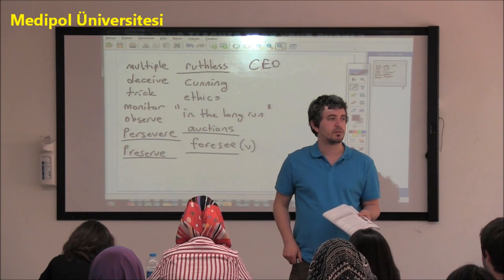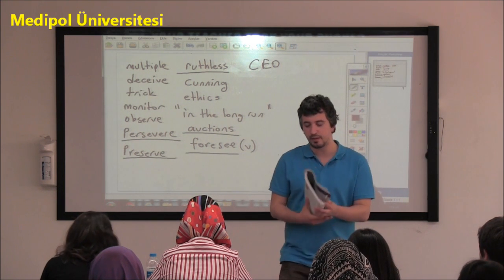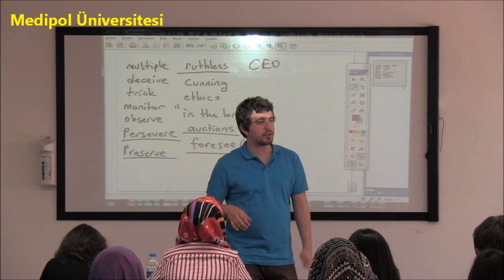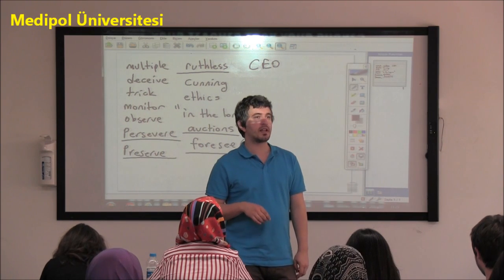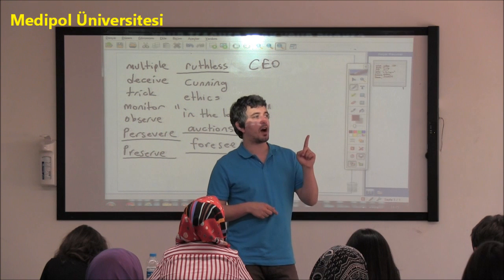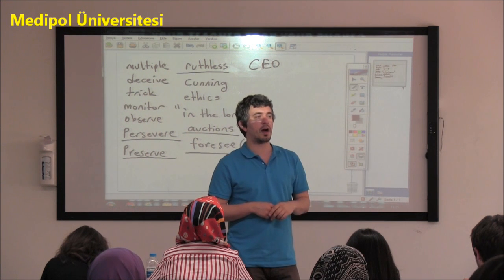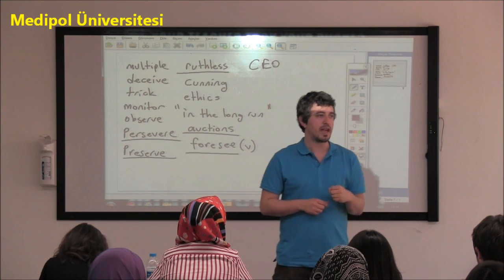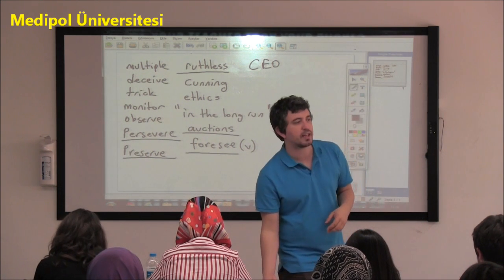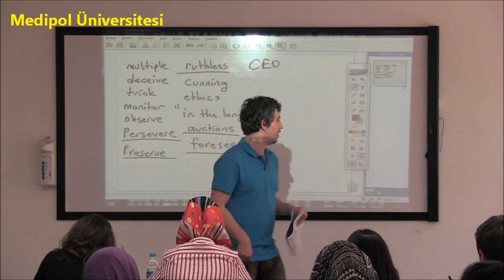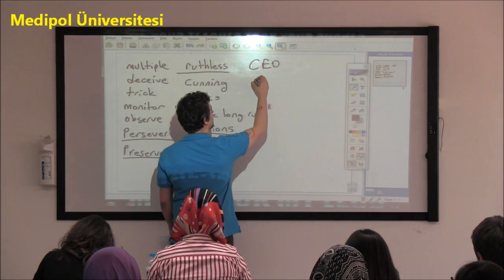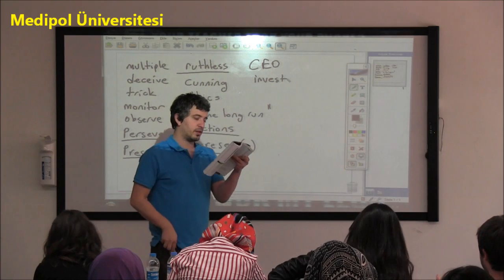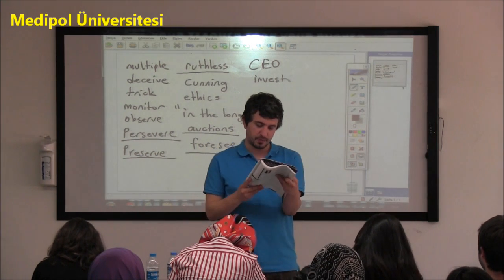For example, let's say I'm an entrepreneur. I have some capital, some money, and I say, for example, I should take over this company. I can make money out of it. Entrepreneurs are investors. You remember the word invest? Yeah. They are investors.